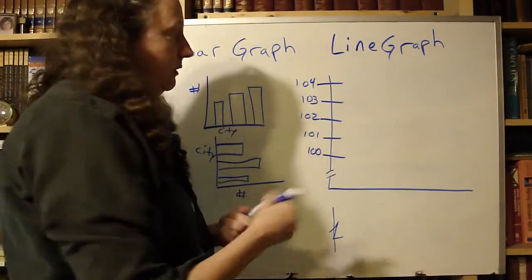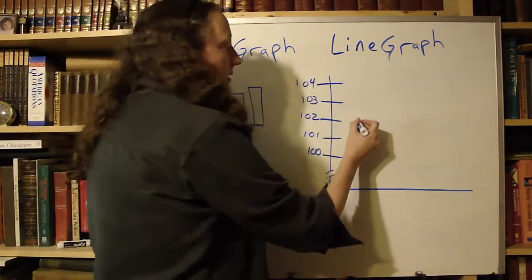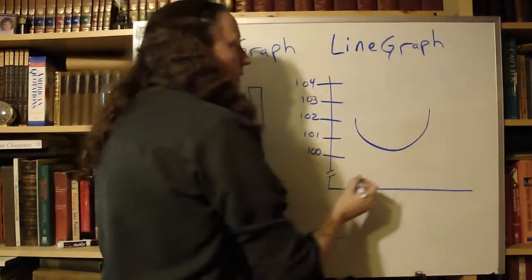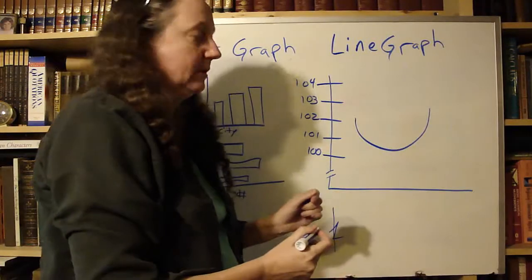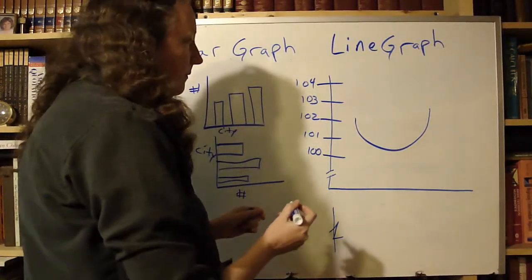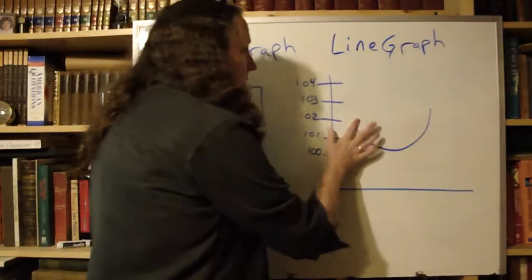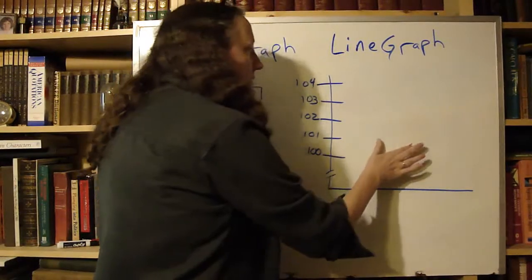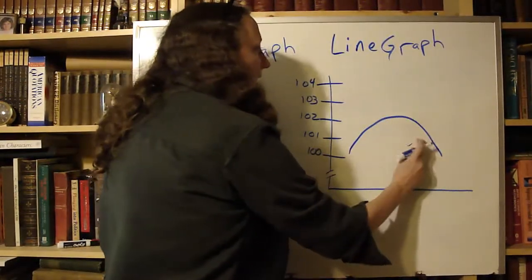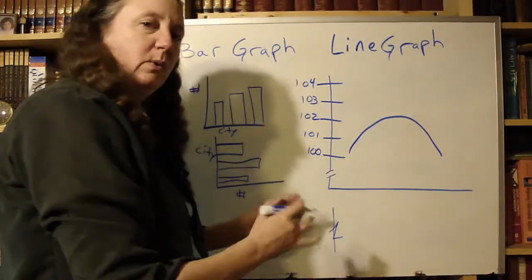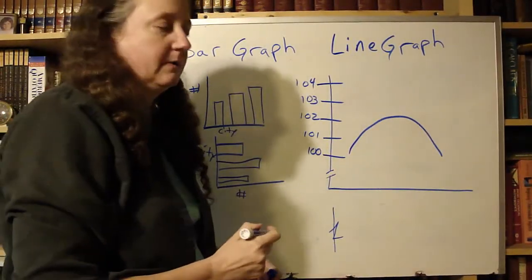Sometimes for your graph, you're going to have a curved line, where the information starts going down and then goes back up. Or the line might start going up and then come back down. Either one is fine. That's a curved line.